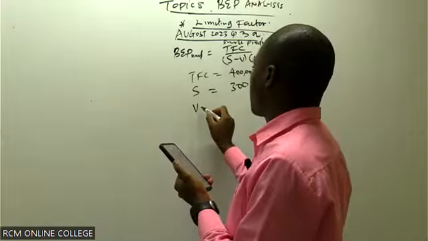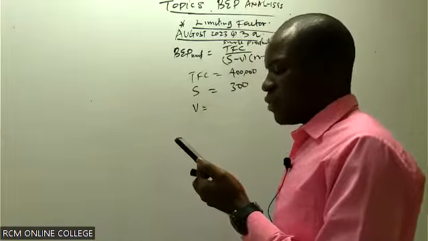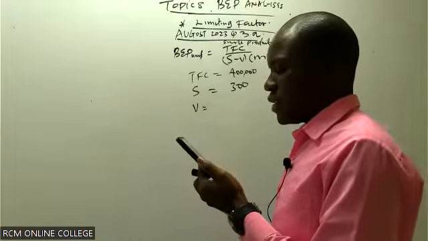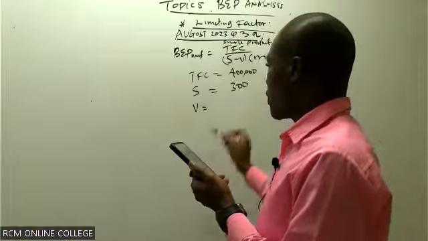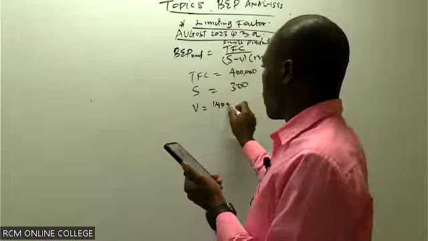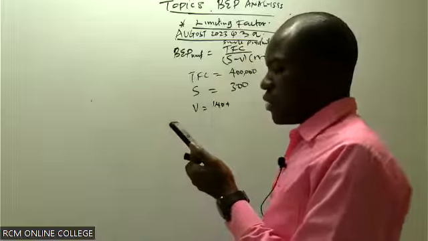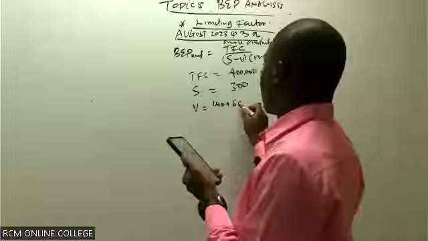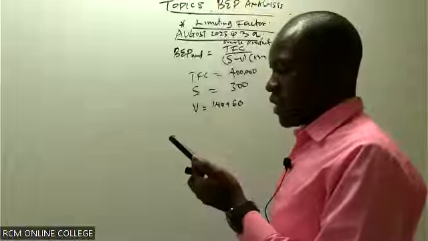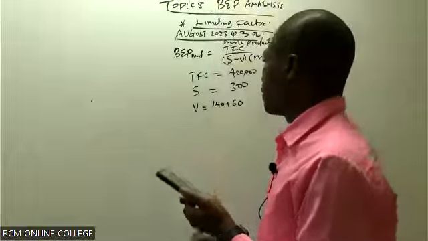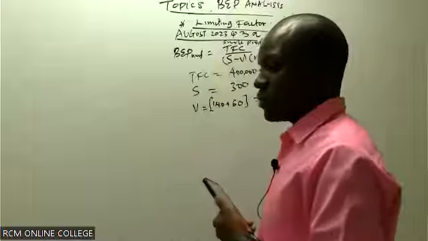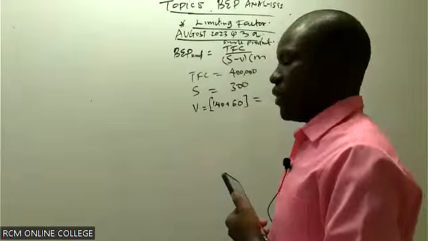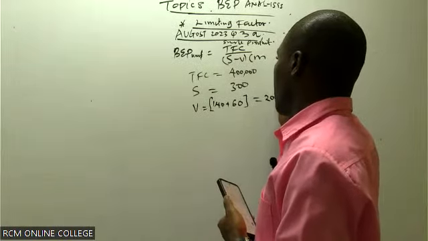Our variable cost per unit of that service, that is salon: I'm able to see variable material costs of 140. I'm able to see variable labor cost of 60. And do we have any other variable cost that we are leaving out? No. So it will be equivalent to 200.